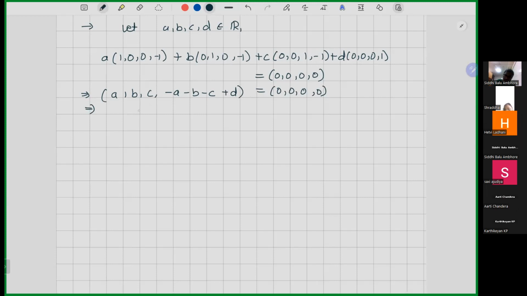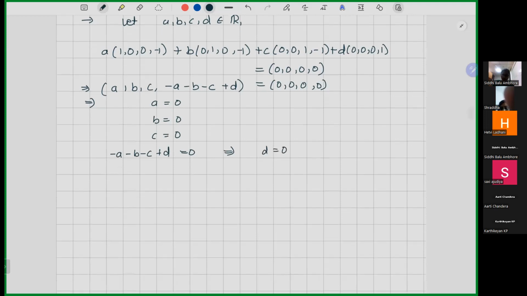When we compare them component-wise, we get A is equal to 0, B is equal to 0, C is equal to 0, and the last component, minus A minus B minus C plus D, is equal to 0. Since A, B, C are 0, we get that D is also equal to 0.